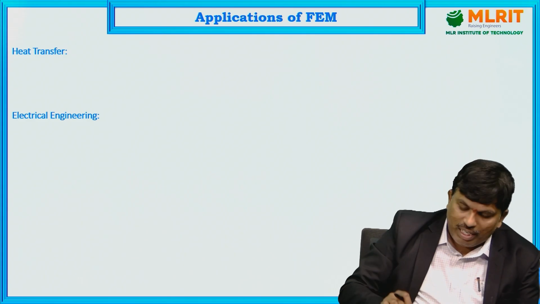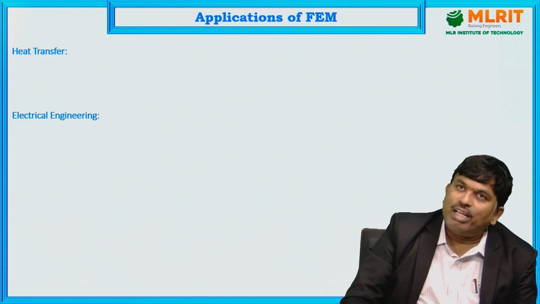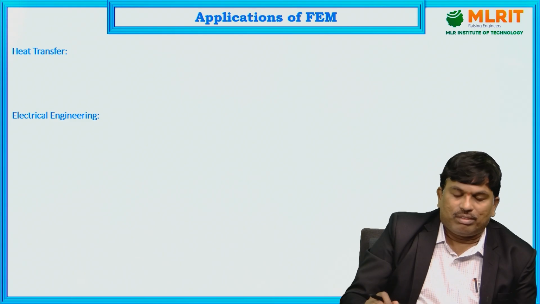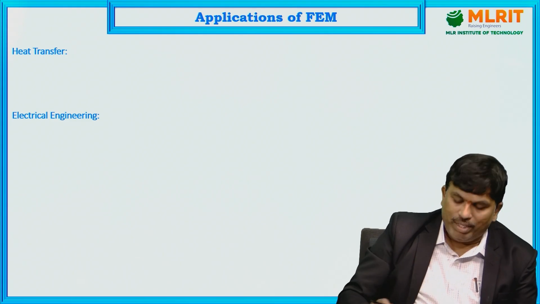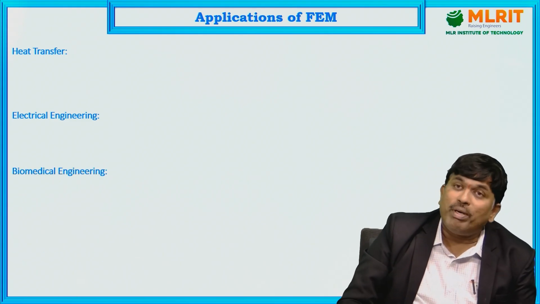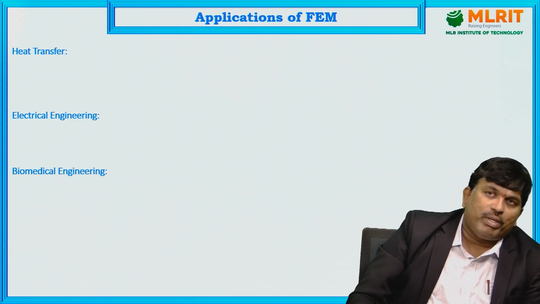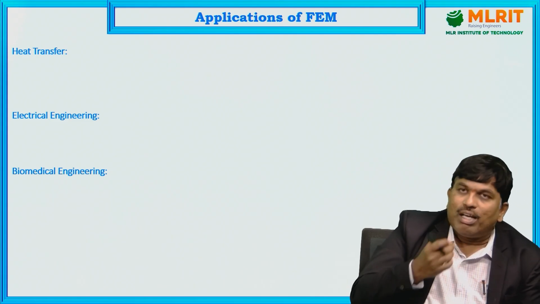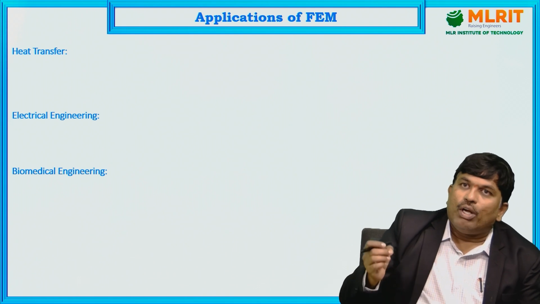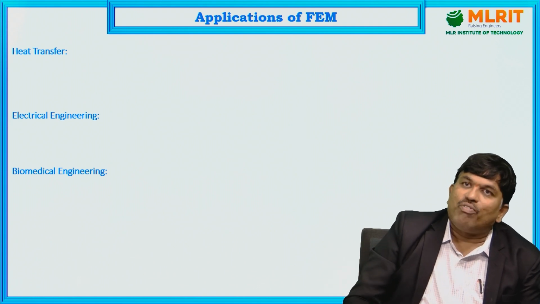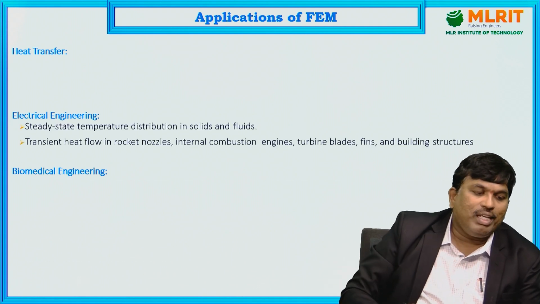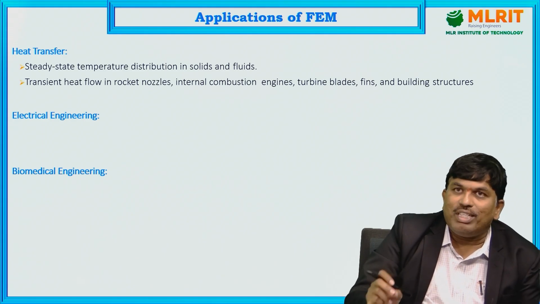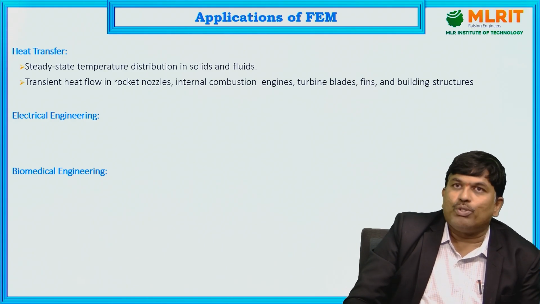The next one is electrical engineering, to find the eddy current, where we can use the finite element method. And coming to biomedical engineering also, we use the finite element method to analyze teeth and implants, etc. Suppose it is heat transfer: steady state temperature distribution in solids as well as fluids, we can use the finite element method.